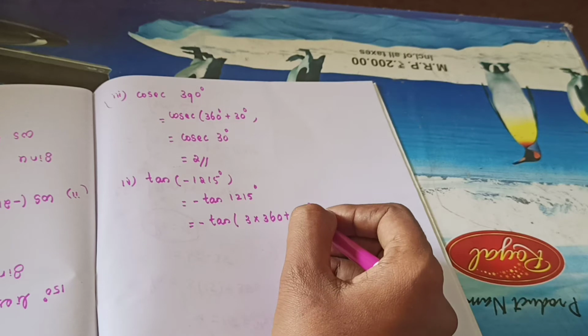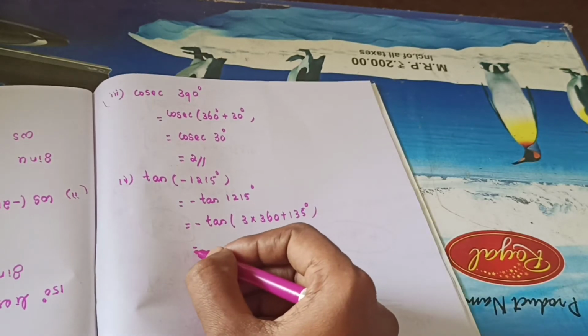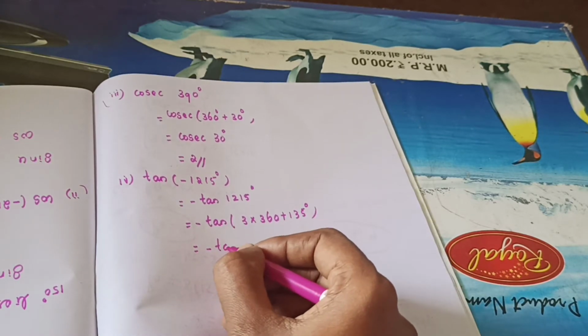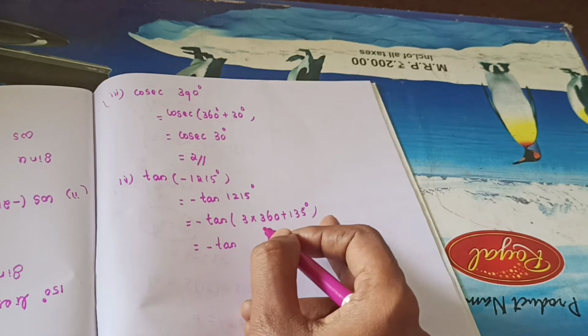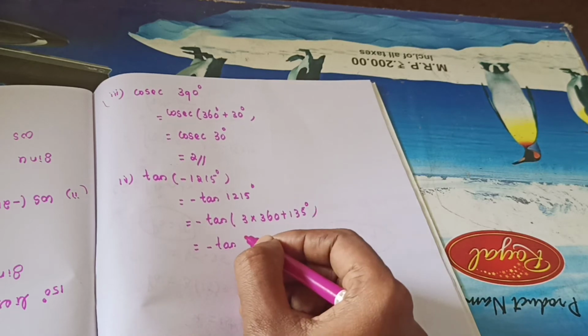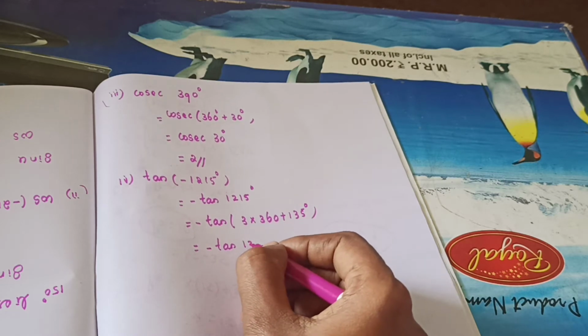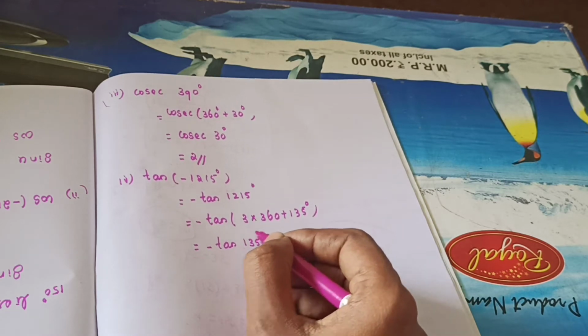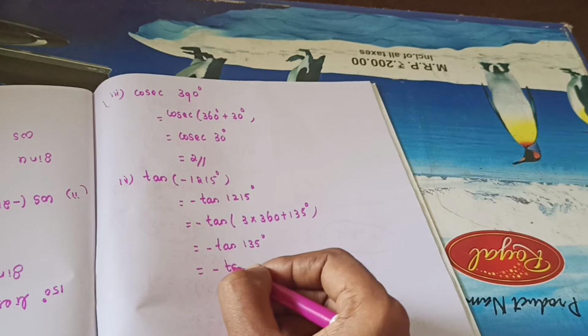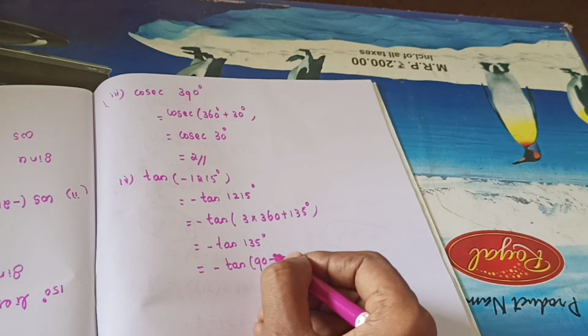Again you need to split this. That's equal to minus tan of 360 plus theta, tan theta. So tan 135 degree. Again you need to split. Minus tan of, shall I write as 90 plus theta?